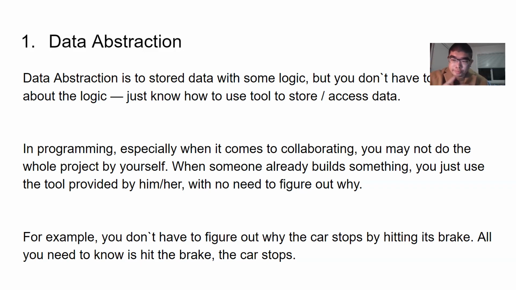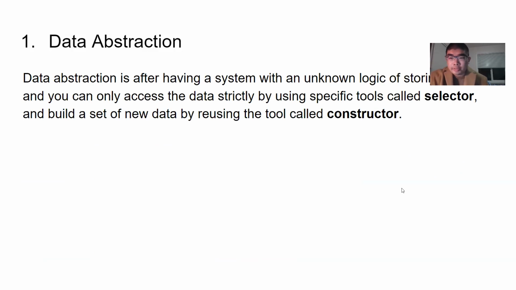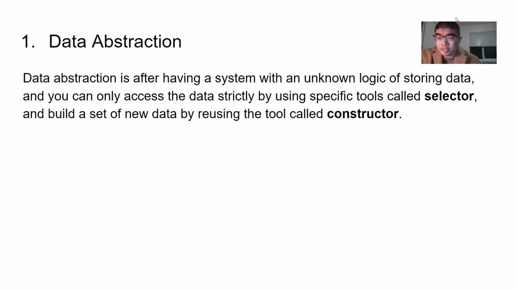All you have to know is that when you hit the brake, the car will stop. Otherwise, you may not get the car stopped safely and appropriately. So this is data abstraction. Data abstraction is having a system where maybe you know the logic or maybe you don't, but it's okay. How to build the system is other people's business, other people's task.